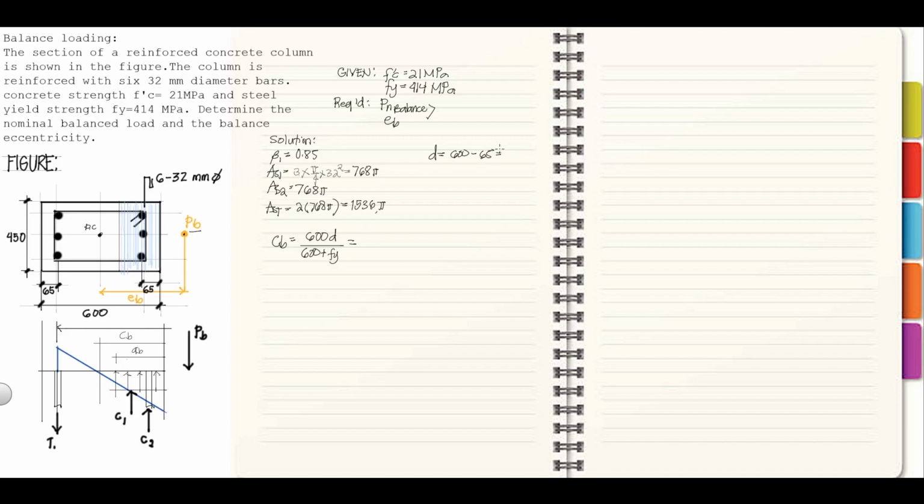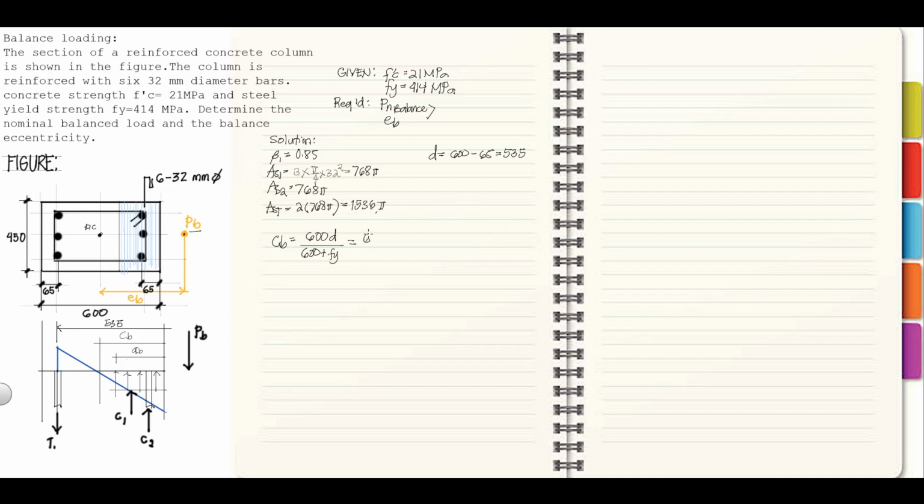Tama ba? The total depth, minus 65, that is our effective depth. Okay, 535. So this is 535. Right? So that is our D.